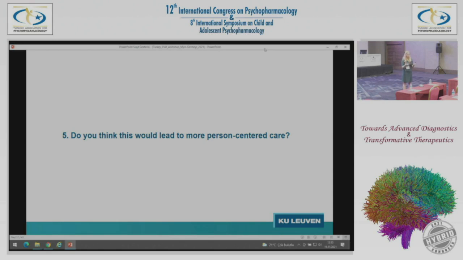So there is this one very interesting study where they sent a set of ESM data to 9 different groups, asking them to identify the relevant network, and they all came up with a different network. So showing that for clinical practice, this is way too early.